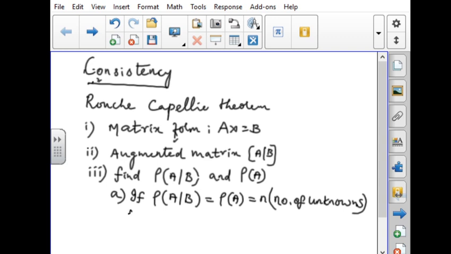Therefore, the system is consistent and has a unique solution.